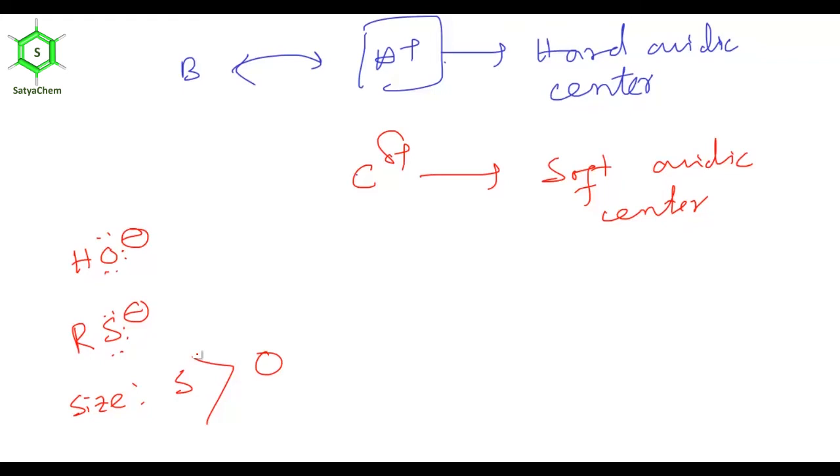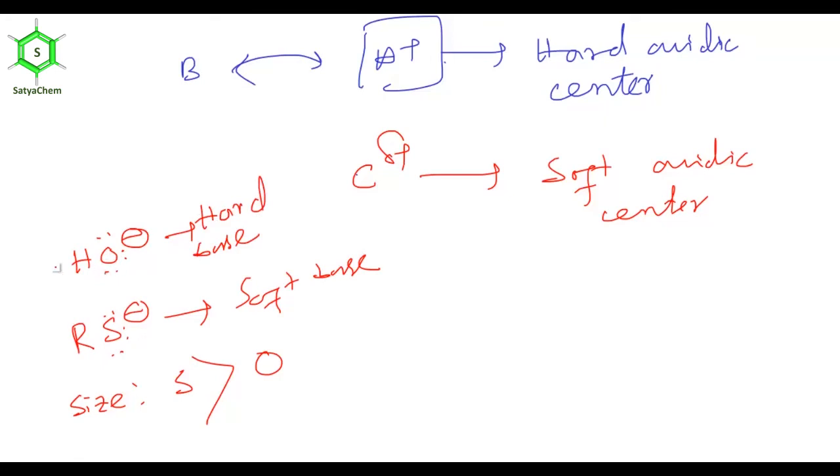As sulfur is larger than oxygen, you can say the negative charge density is lower in RS minus than in HO minus. So that is why RS minus can be considered a soft base, or sulfur is a soft basic center, and HO minus you can consider as a hard base, or here oxygen is a hard basic center.